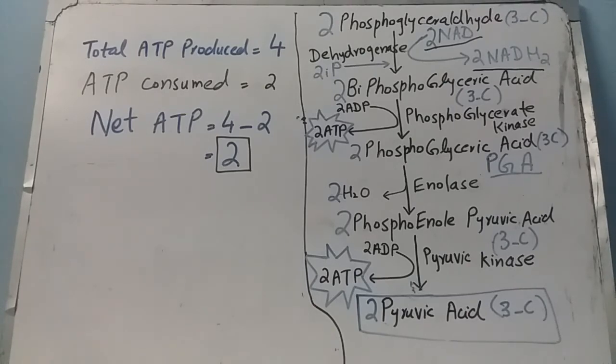So 4 minus 2 equals 2. The net result of ATP formation in glycolysis is 2. So glycolysis means one glucose molecule is converted into 2 molecules of pyruvic acid with production of 2 NADH2 and 2 ATP molecules, and it occurs in the cytoplasm of the cell.